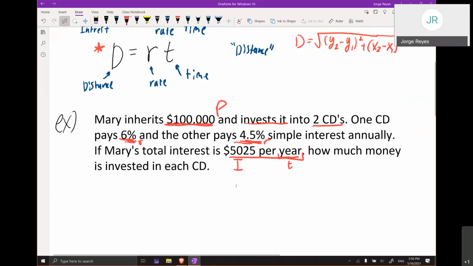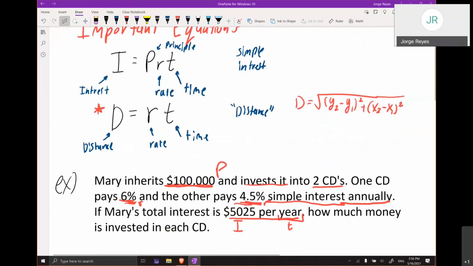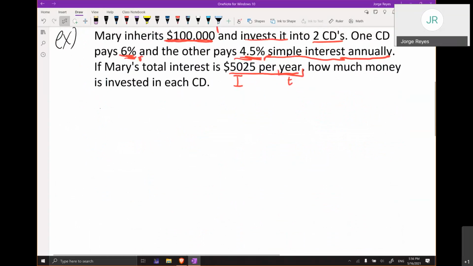So you dissect the words and evaluate what's important. The words simple interest are important because this is the simple interest formula, so that means we're going to use that. So I equals PRT.